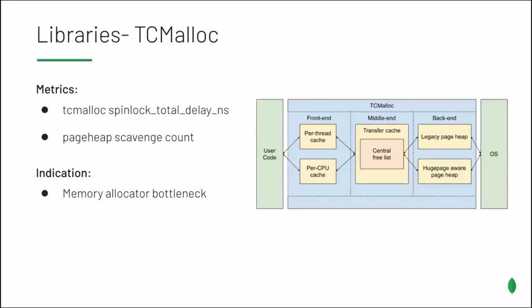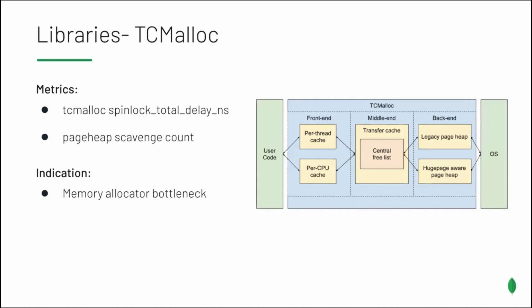Now, let's look at some details of the memory allocator. For people who are not familiar with TCMalloc, it is Google's customized memory allocator that MongoDB uses. This is a memory management library that lies between the mongod process and the operating system.